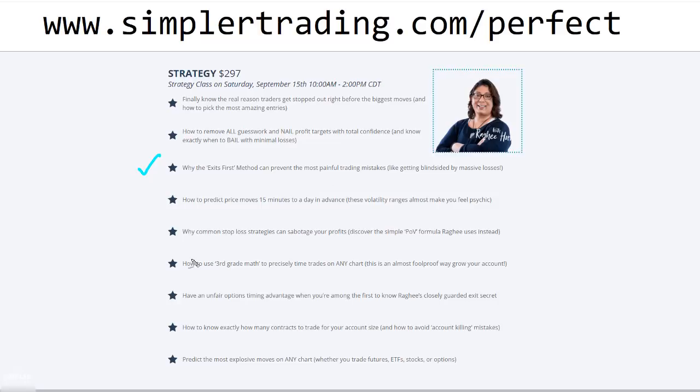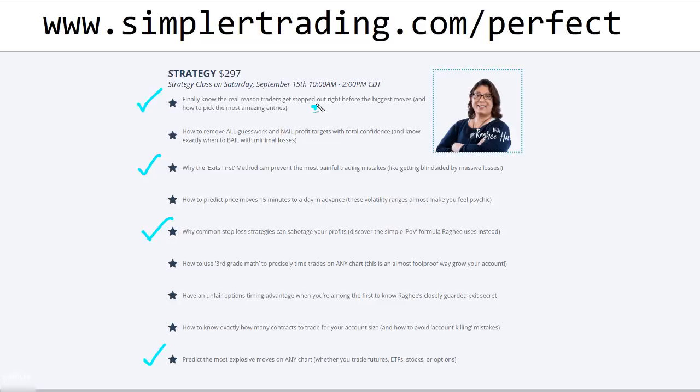Why common stop loss strategies can sabotage your profits. And predict the most explosive moves on any chart. And then the other one here is knowing the real reason traders get stopped out right before the biggest move. This is actually really important because the computers are designed to kind of screw us up a little bit on that. And if you understand how it works, it just makes this a lot easier.